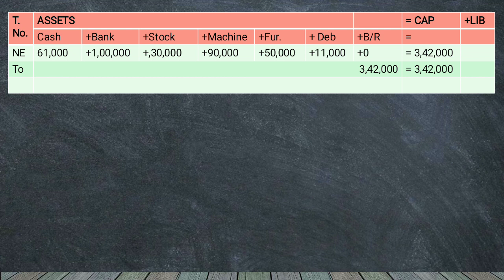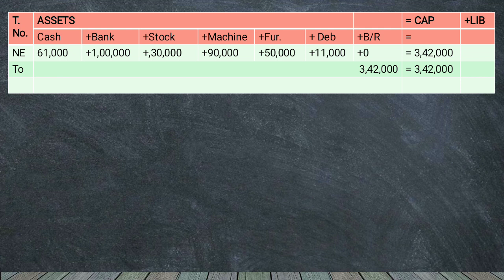The sum of the asset side is 3,42,000, as you can check, and the total of capital plus liabilities, liabilities are 0, so I have not mentioned it here, but assets are equal to capital plus liabilities: our assets amount is 3,42,000, and capital plus liabilities are also 3,42,000.